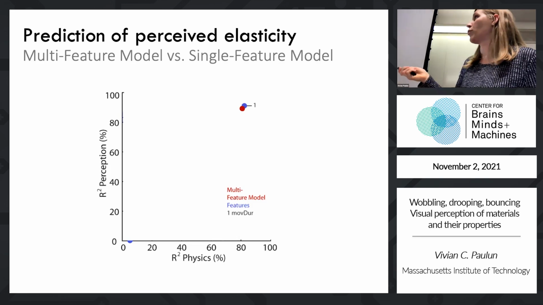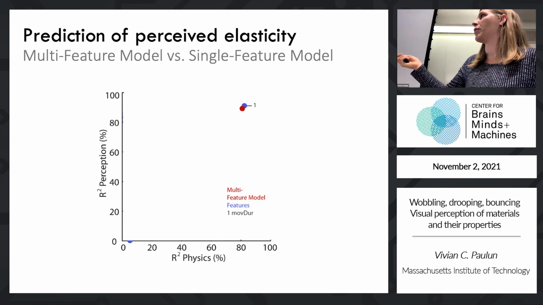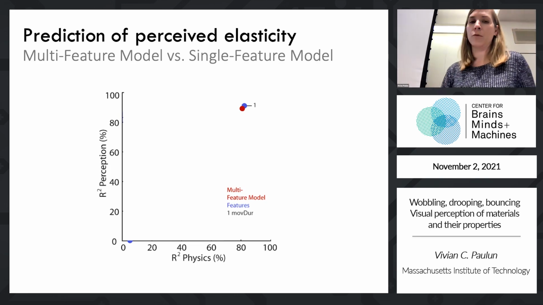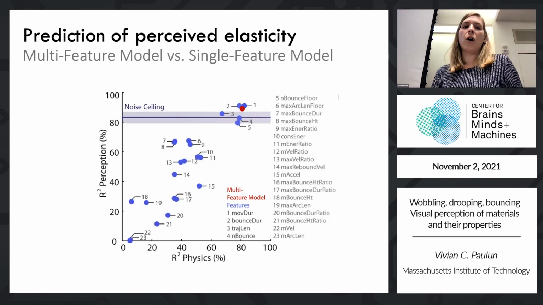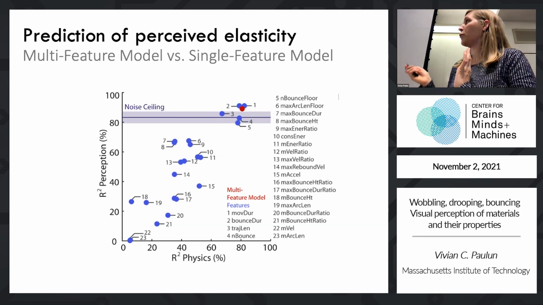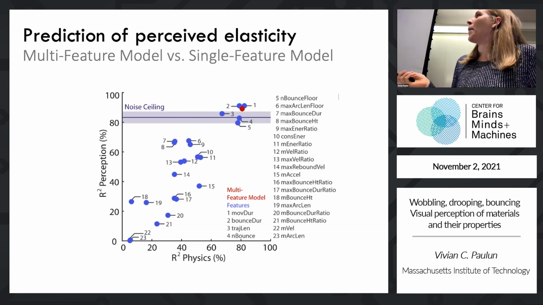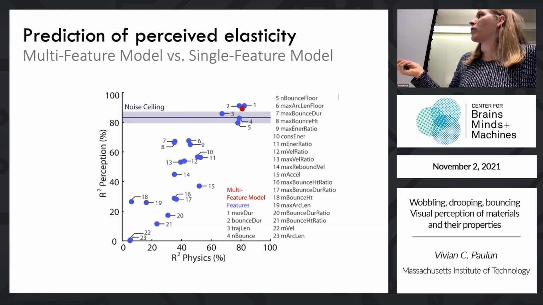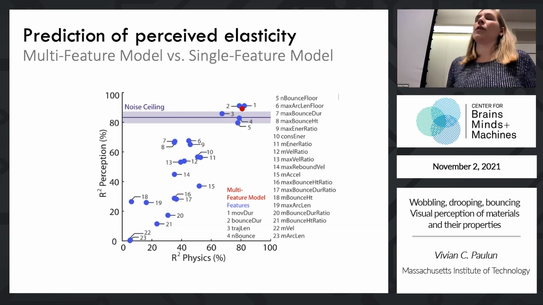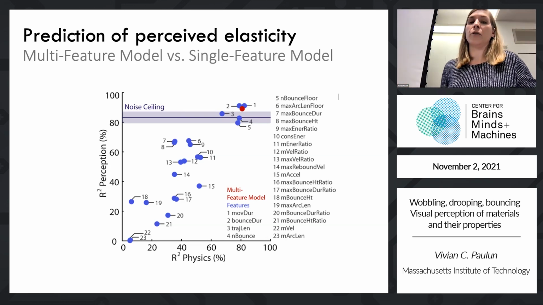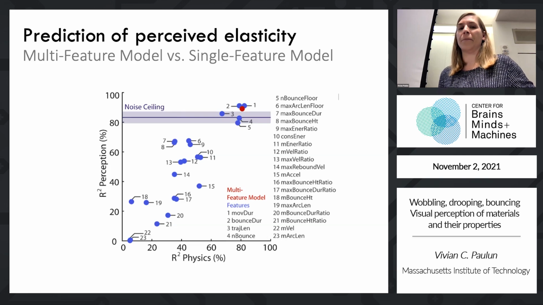The red dot shows the model. That's basically the data I've already shown you. And this is the best feature, movement duration. And here are all of the features. Again, you don't have to read all the labels. What I want to show here is that there are actually quite a few different features that are good candidates that can explain the perceptual data.